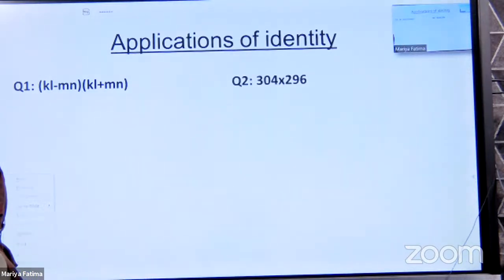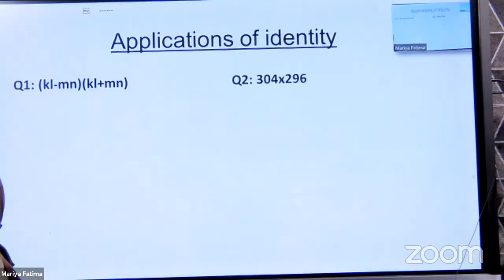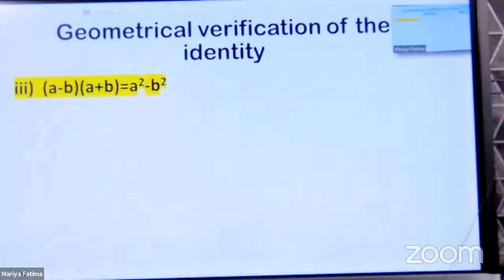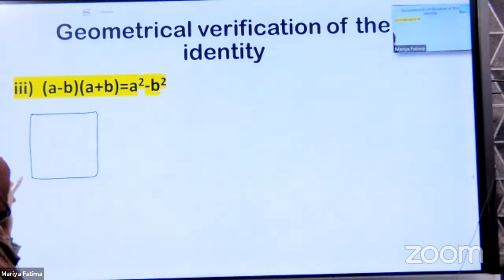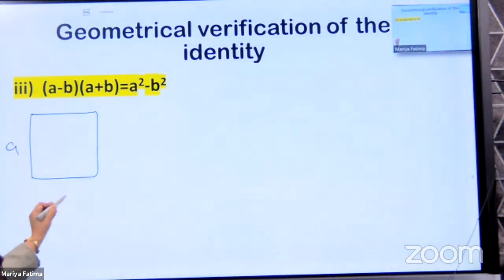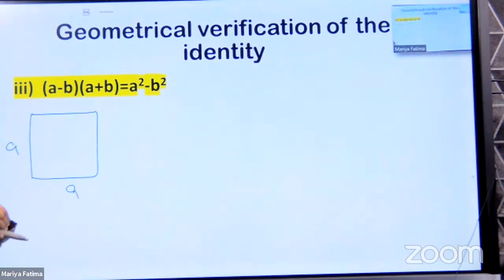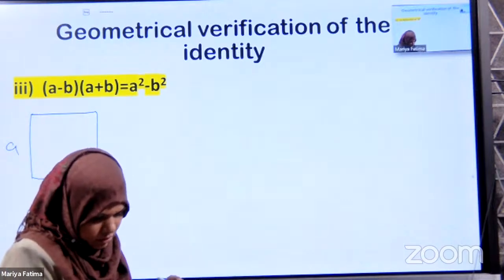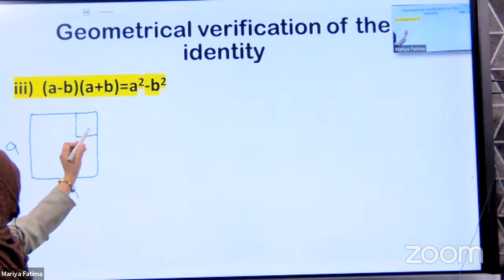Now next. Geometrical verification also. See, how to do that geometrical verification? Suppose you are having a square of side A, and A minus B. Now we are removing this part.